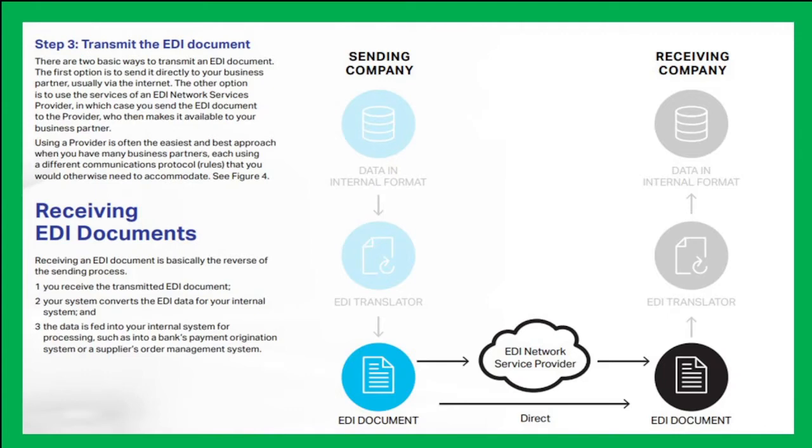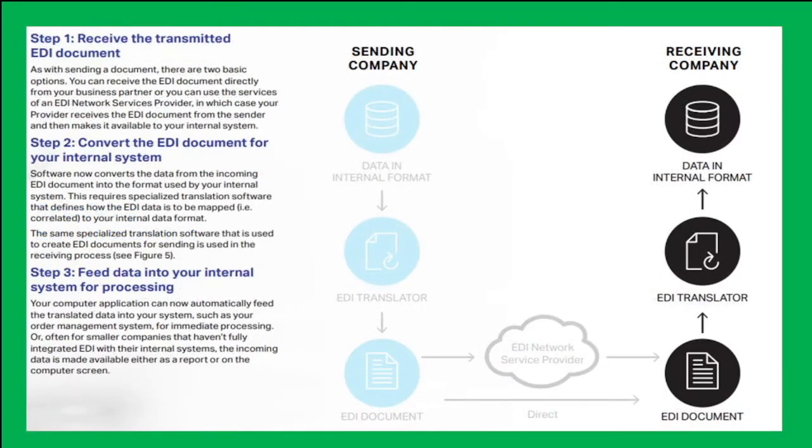So the receiving company receives the transmitted EDI document, and that system will convert the EDI document, as we can see in the next slide. Again, the translator will work and convert it into normal format. This is like the documents being communicated between the two companies' computers.